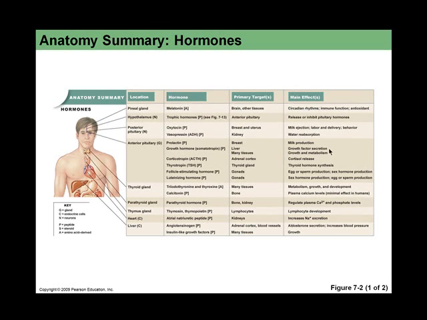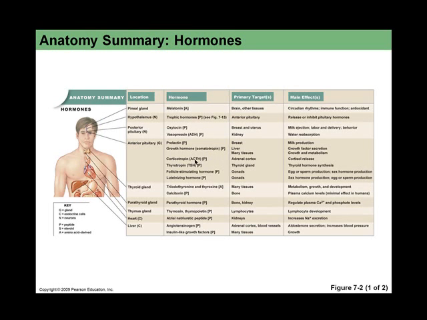So we'll talk about this one in more detail as it is an example of a more complex endocrine system, a neuroendocrine system, because the neural part starts back at the hypothalamus, having these trophic hormones.